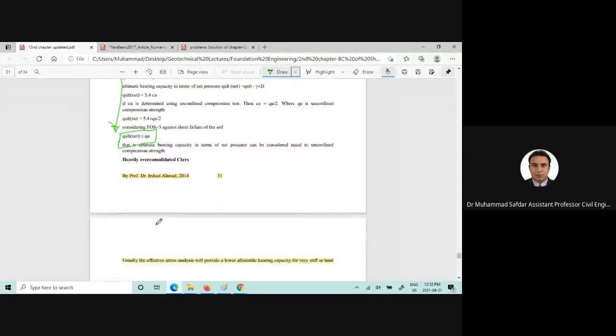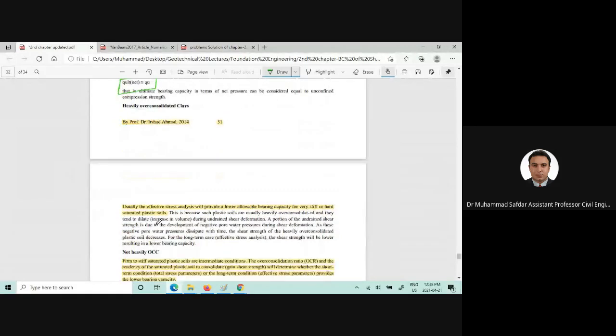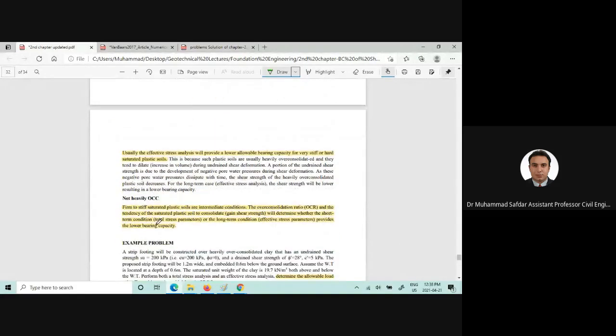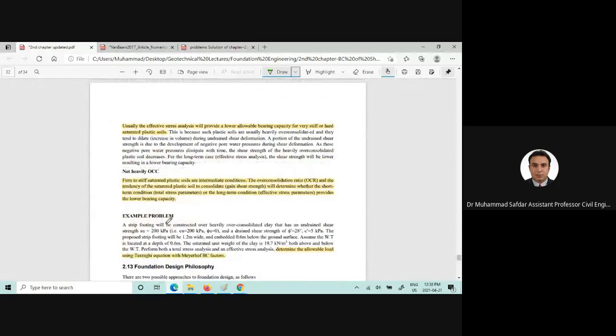Now for heavily over consolidated clays, we usually perform the effective stress analysis. The reason is that in heavily over consolidated clays, negative pore water pressures are present, and these negative pore water pressures increase the shear strength of the soils.